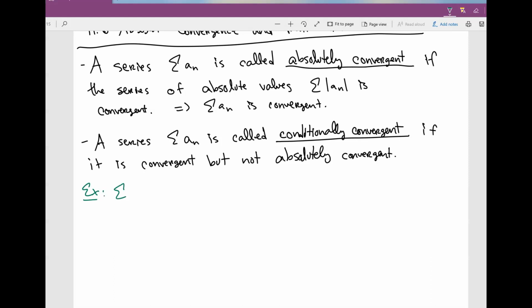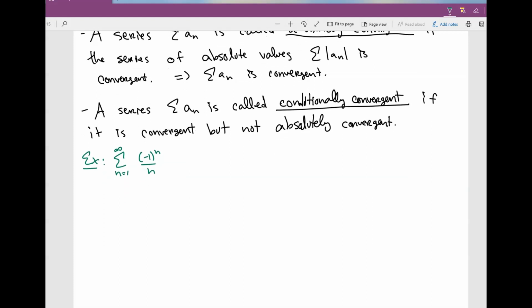So let me do this quick example. Let's say we have the sum from n goes from 1 to infinity of negative 1 to the power of n over n, which is something that we've done in the previous video. So we want to show whether this is going to converge absolutely. I'm going to take the sum from n goes from 1 to infinity and apply absolute value on them.